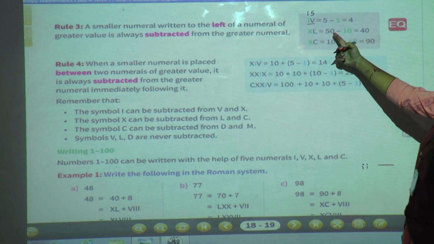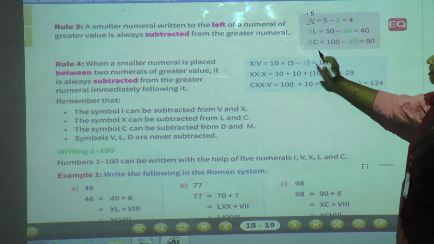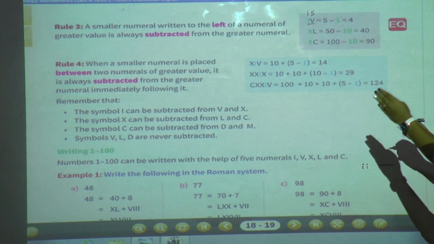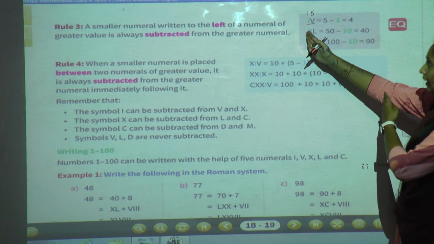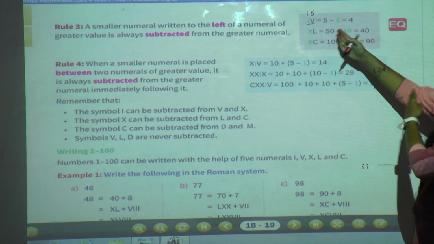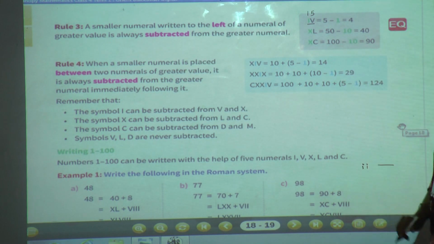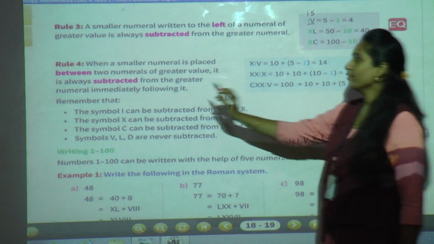So how is it written? A smaller numeral written to the left side of the greater value, isn't it? So whenever it is like this, what we have to do? The value is always subtracted from the greater value. Got it? Now rule number 4.